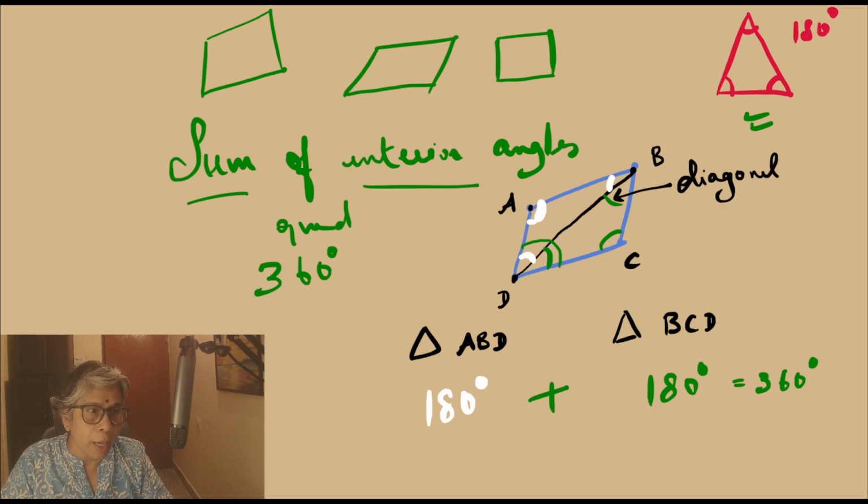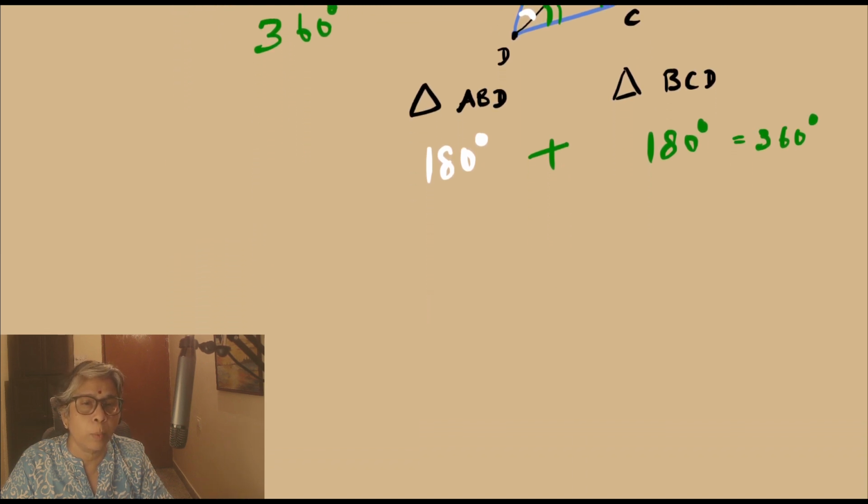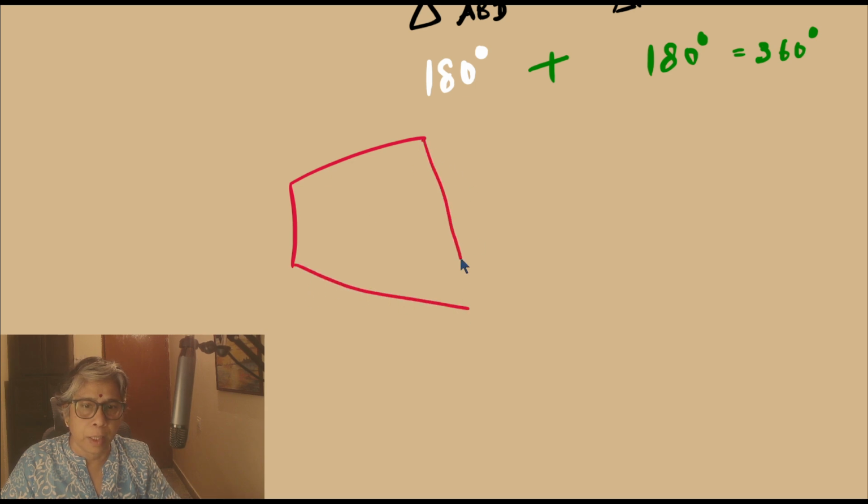Now, what if I am not using triangles? There is one more way. There is another interesting way of proving the sum of the angles of a quadrilateral. Let me say that this is a quadrilateral, and let's not divide it using the diagonal.